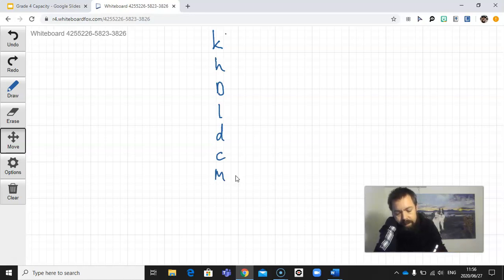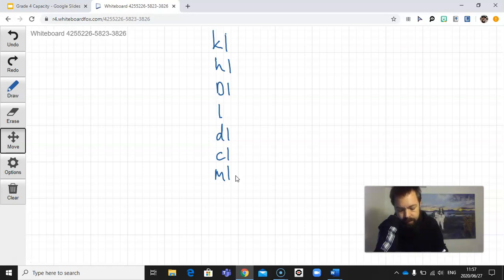So that's kiloliters, hectoliters, decaliters, liters, deciliters, centiliters, and milliliters. All of them are lowercase letters except for the D, and that's because we have two D's, so we need to differentiate. Deca is the bigger, it gets the bigger letter, and deci is the smaller, it gets the smaller letter.